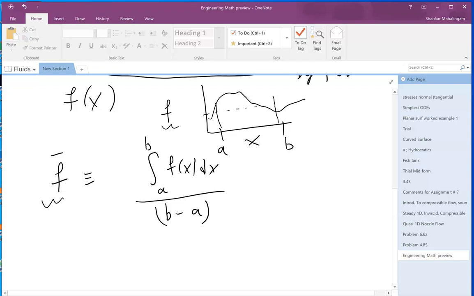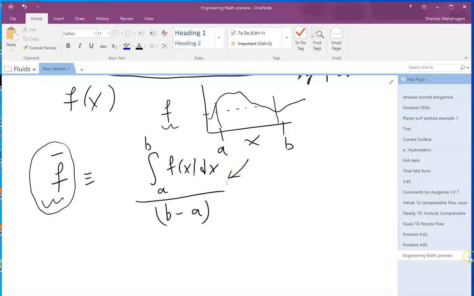So f, for instance, is speed, and x is time. When I do this, I'm getting the average speed of an object, let's say, over a time interval from a to b. All right, so on the right-hand side, the units of everything will match the units on the left-hand side.